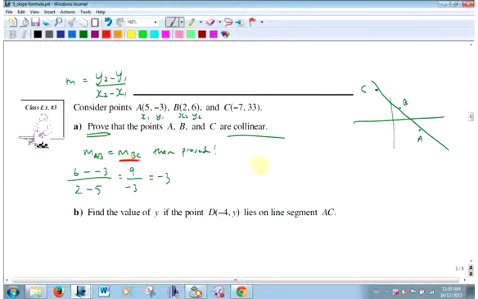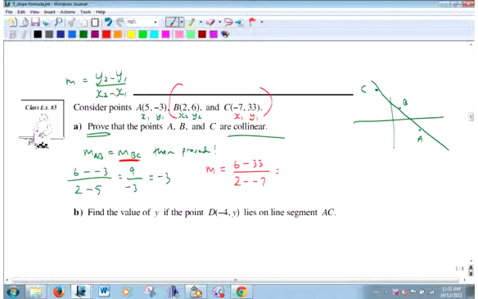Let's find the slope of BC. So again, I've already labeled this x2, y2. So how about I label that x1, y1. Now I want the slope of these two. Okay, so y2 is 6 minus, what's y1? 33, over x2 minus x1.